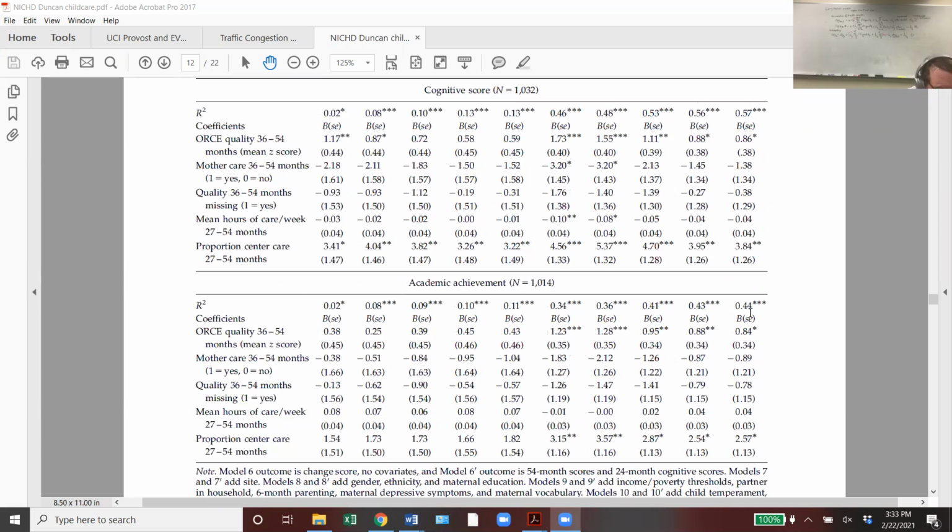And so as most of you pointed out, that score, which is a raw unit score with these achievement tests and cognitive tests, it's about a 0.04 standard deviation effect of a 1 standard deviation change in childcare quality.